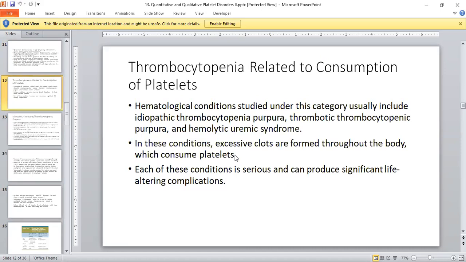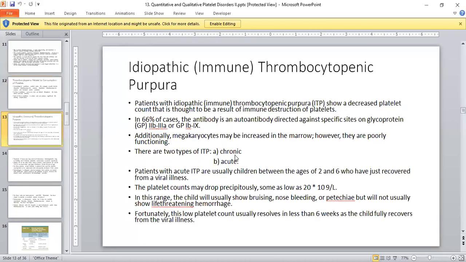The other thing that can cause thrombocytopenia is consumption of platelets. These are the conditions that she was mentioning, like ITP and TTP. They're discussed deeply here.